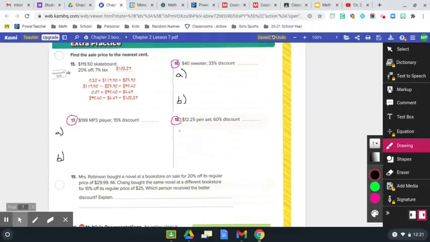Find the discount first or the markdown, and then find that sale price. So I'm going to let you try them. Again, it's up to your crew. If your crew teacher would like you or let you work with one other person with social distancing, of course. If not, that's fine, right? You're going to try them on your own. I'll meet you back here so we can look at the answers and check your work.